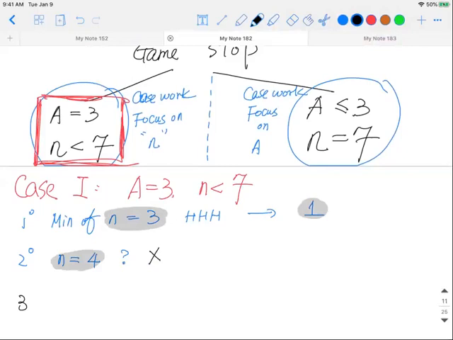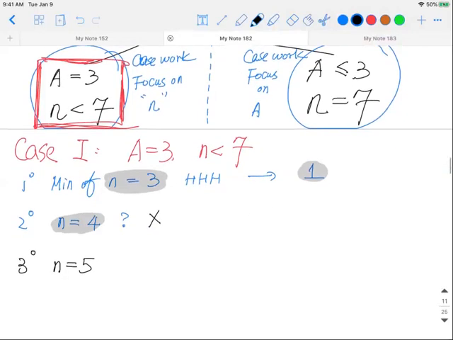Can N equal 5? I think it's quite possible, right? When you have 4 heads and 1 tail, then you will be able to make it happen. However, I don't think you can randomly let the heads and tails do whatever they want.